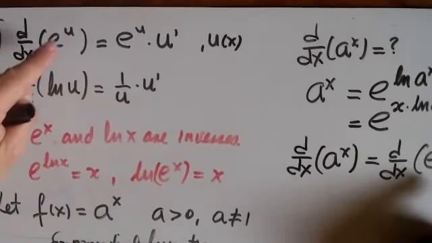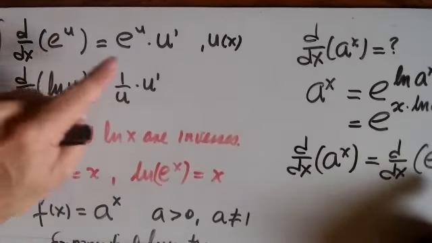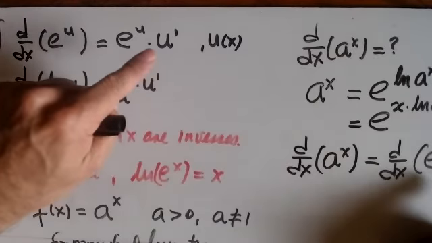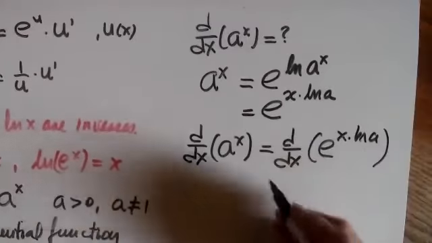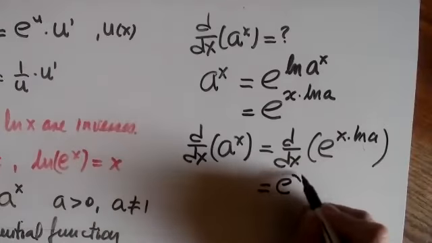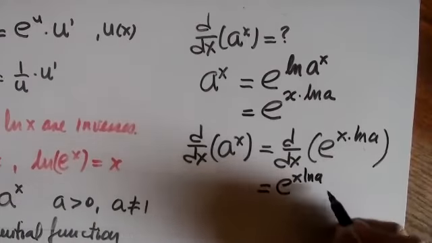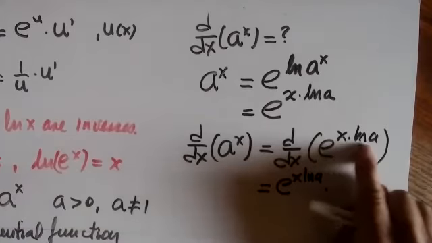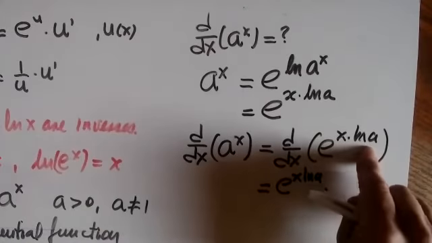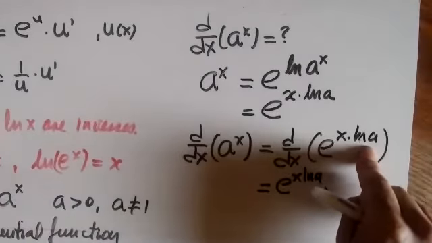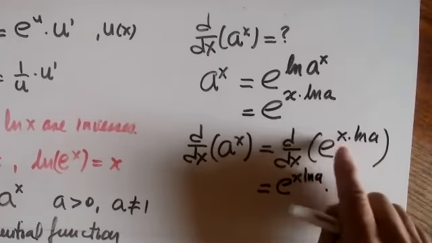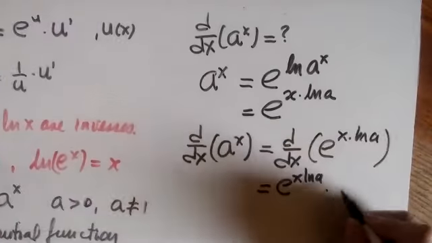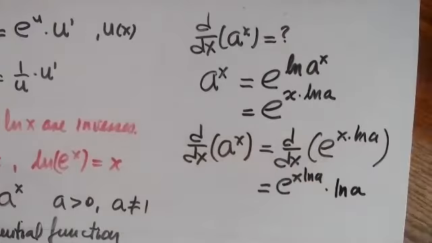The derivative of the exponential of a function of x is this times the derivative of the exponent. So this is going to be e to the x ln a times the derivative of this portion. This is a constant. ln of a is a number, so I can put it at the front. And then the derivative of this is going to be ln a.